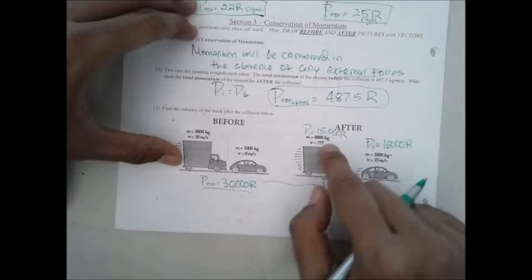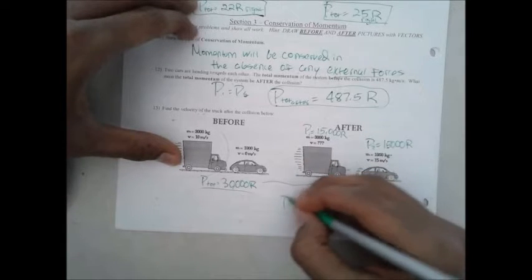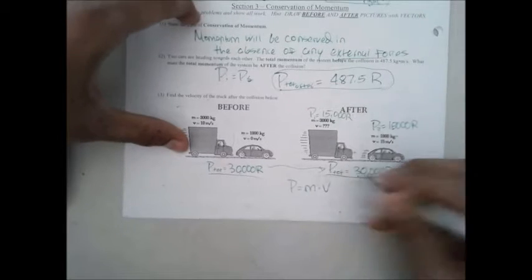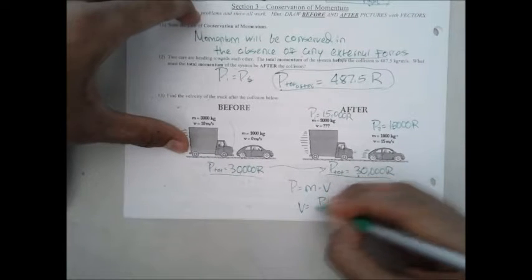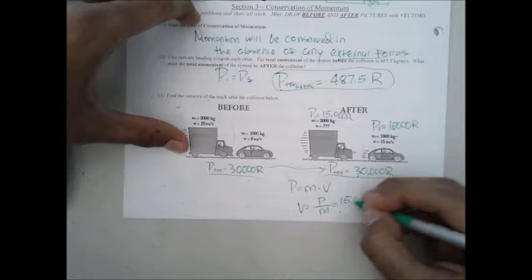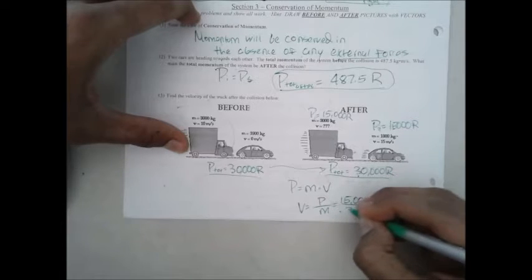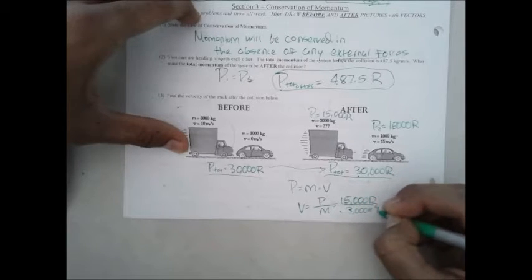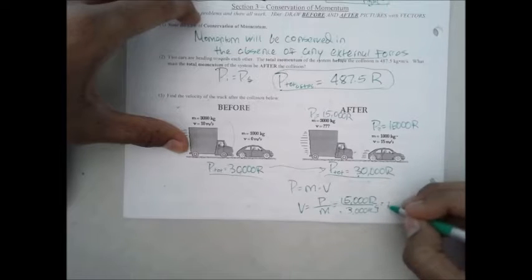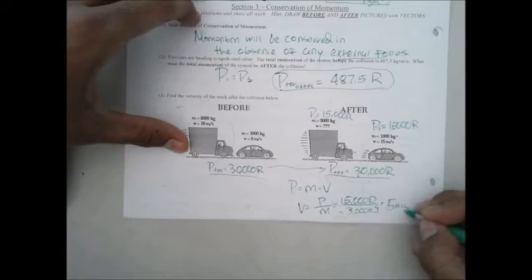Now, if the momentum is 15,000 and the mass is 3,000, we know that P is equal to M times V. V is equal to P divided by M. So we have 15,000 R divided by 3,000 kg. It's going to be equal to 5 meters per second.